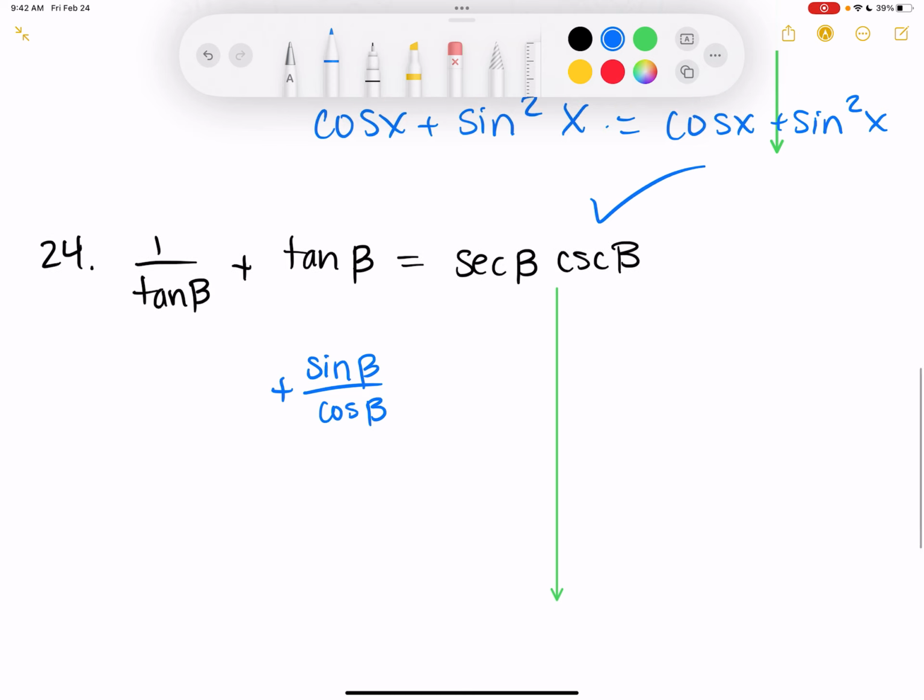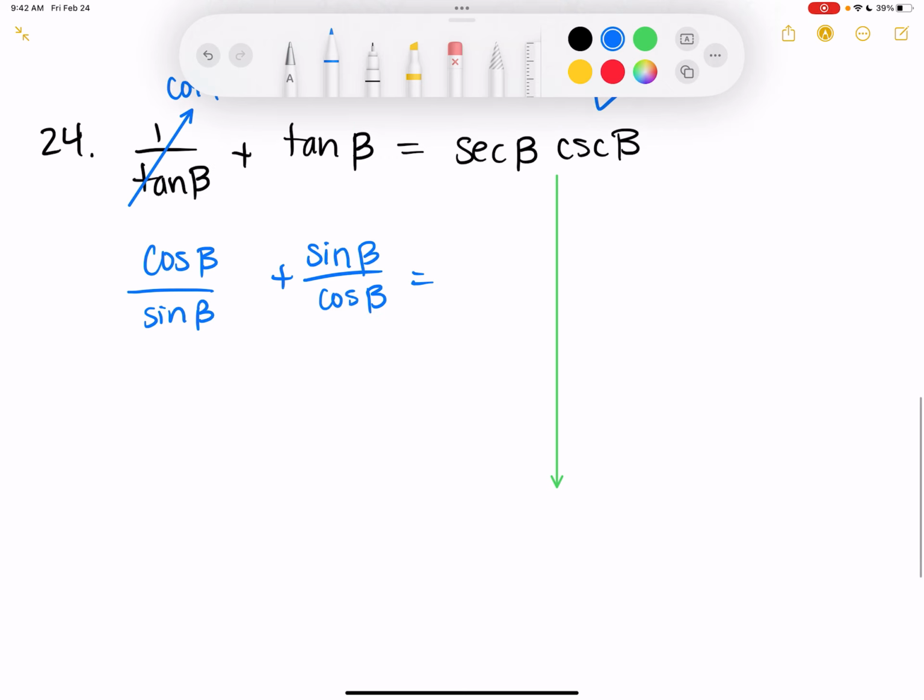Think of this as cotangent of beta. Then what would you say that that's equal to? Cosine over sine. I was supposed to make it more difficult, like it's 1 over sine over cosine. Okay, so then we have to get that common denominator, right?